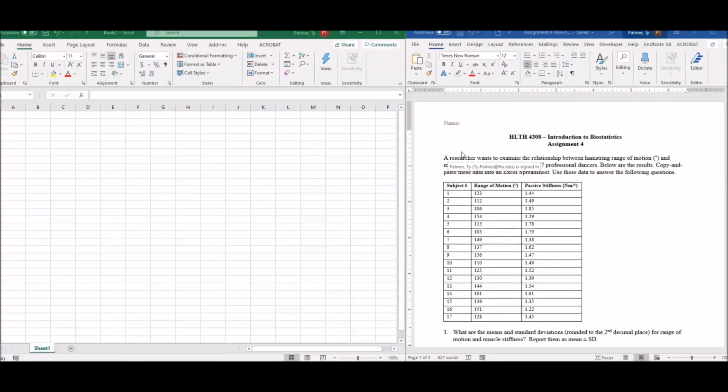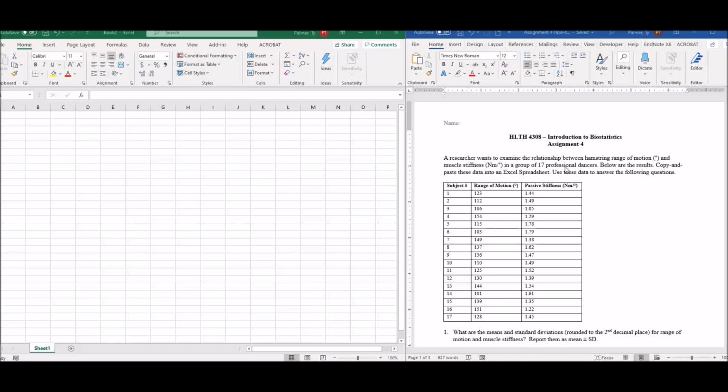Now, what I've got pulled up, similar to our previous how-to videos, is our Word document assignment on the right side, and then an Excel sheet on the left side. I've got these two pulled up so we can look at them together simultaneously. Like I said, we're going to be looking at hamstring range of motion and muscle stiffness. Now that you've seen that video, you have an idea of what those things are and how we assess them in the laboratory.